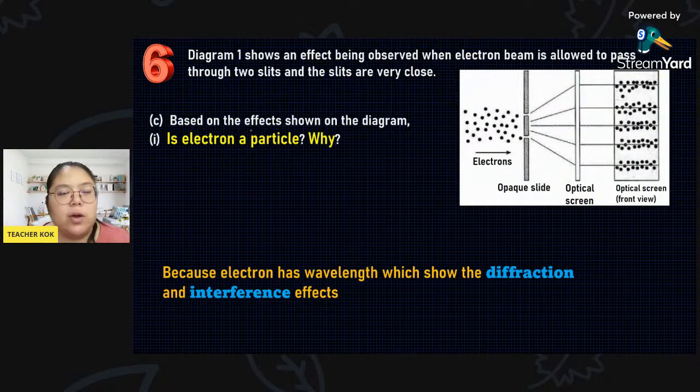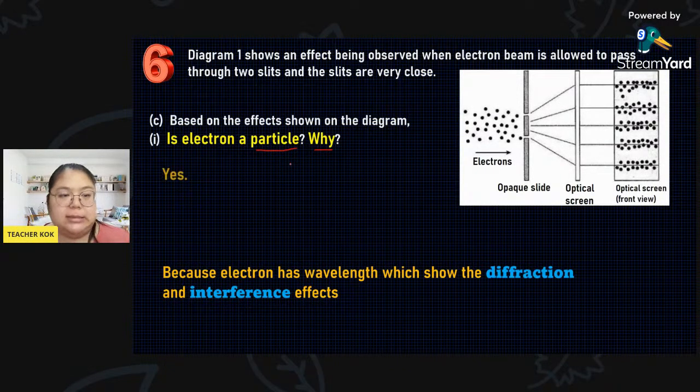Okay, based on the effect shown on the diagram, is the electron a particle? So from the diagram, if we follow the wave particle duality, they ask you, is the electron a particle?